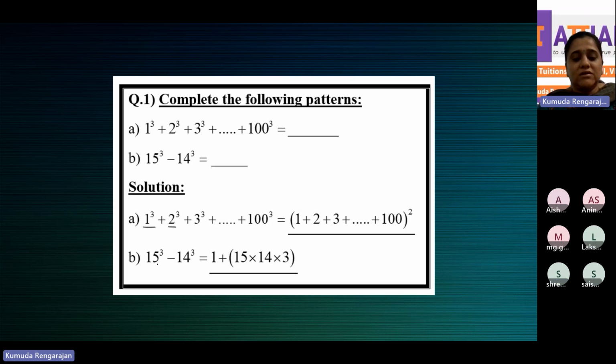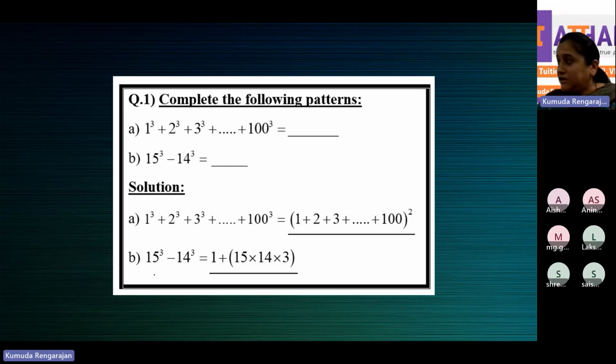The difference between 15 and 14 is 1, plus multiply the two numbers given, 15 into 14, and multiply the result by 3. This is a pattern. You can check, you will get the same answer. You just have to remember this pattern.